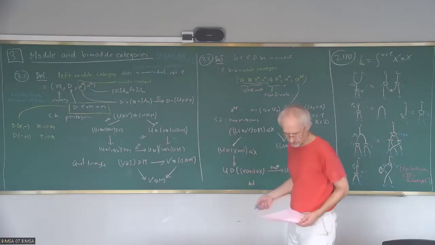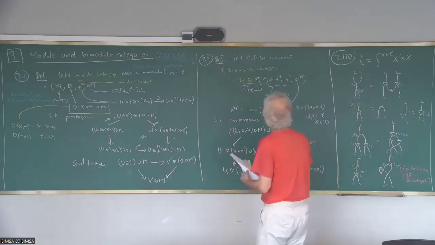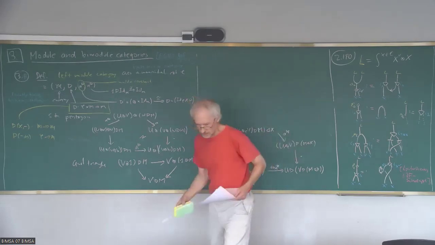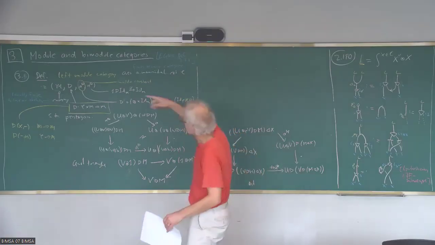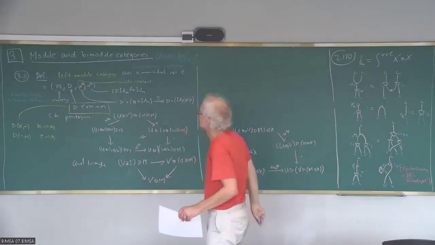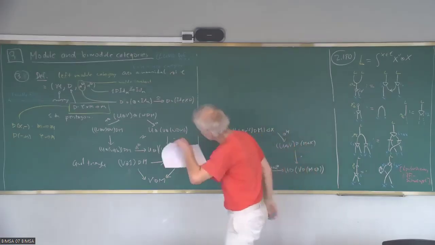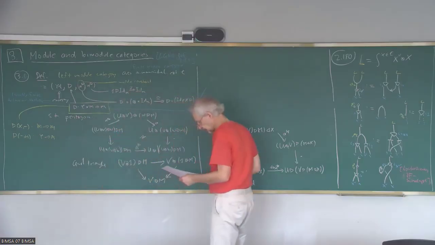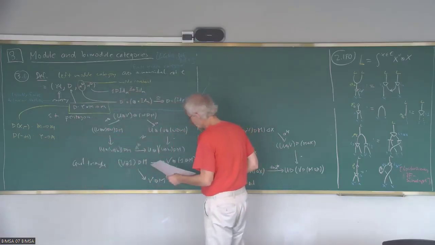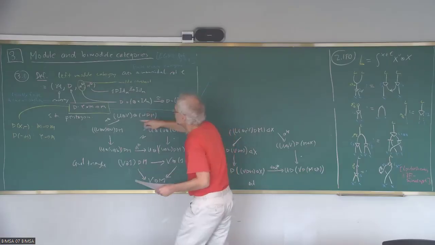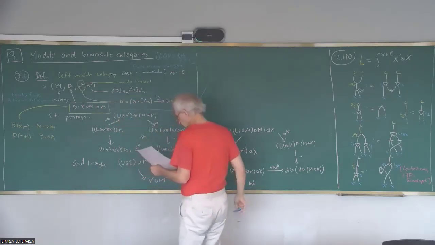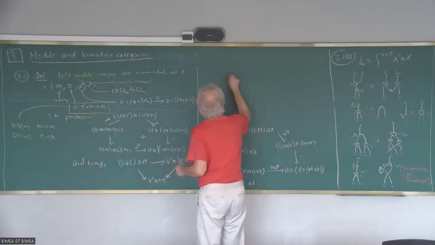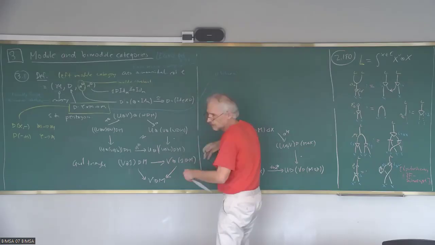Oh, I forgot an important part. I not only require something for the category, but also for the action functor. I require that this functor is bilinear on morphisms. That I already said.